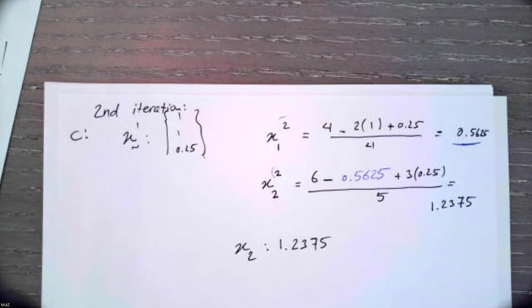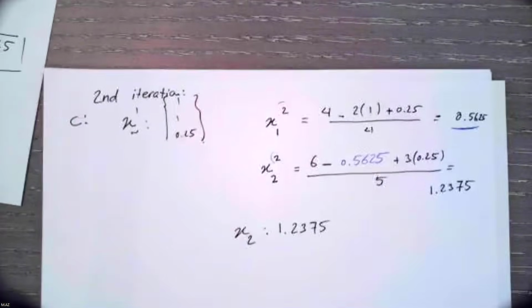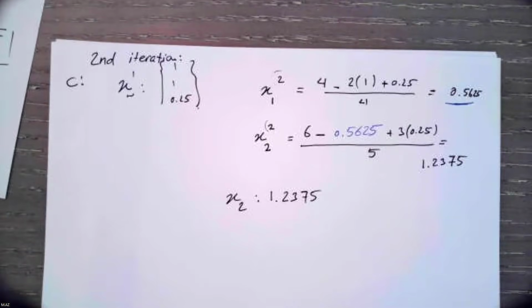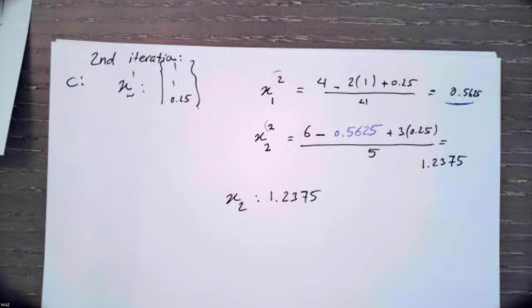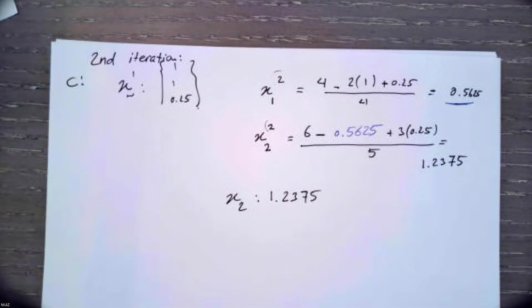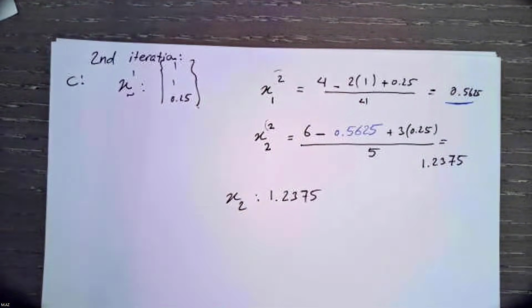For part D, the question is: do you have any guarantee that the Gauss-Seidel iteration will converge for any initial guess? For checking this, we have to look at the matrix of the coefficients. If the matrix of the coefficients is diagonally dominant, then we can say the system will converge.